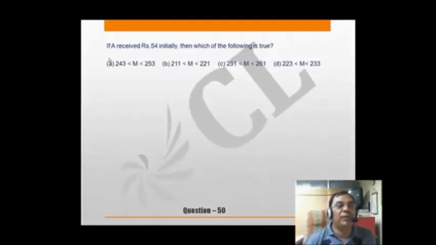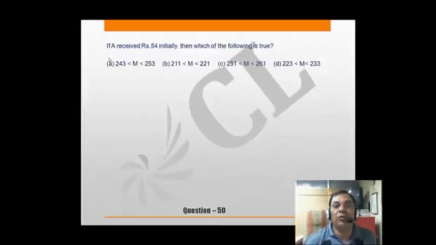Now the simple fundamental is this: 54, and A was 200, so it's around 3.6 times. Okay. 3.6 times, which I am not getting. 54 into 3 is 162.